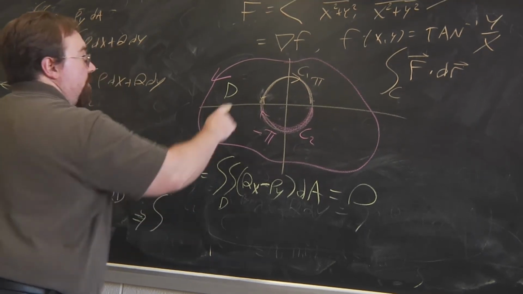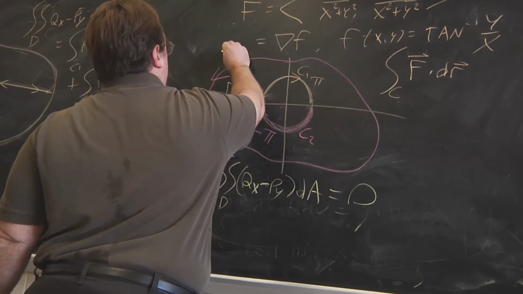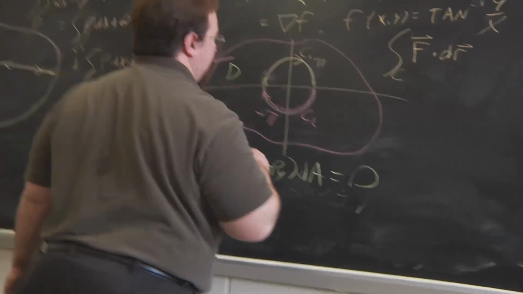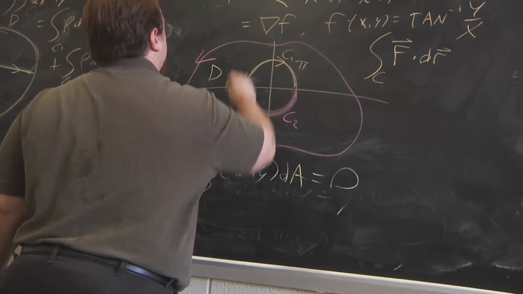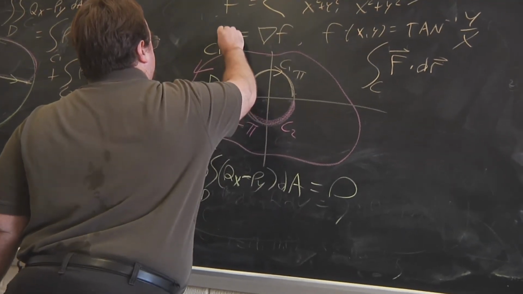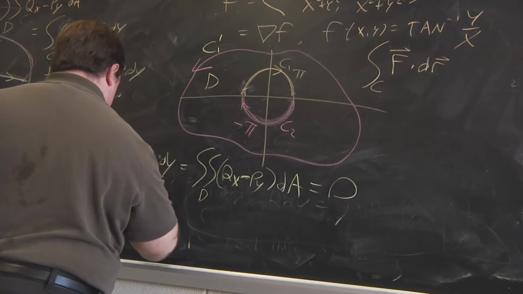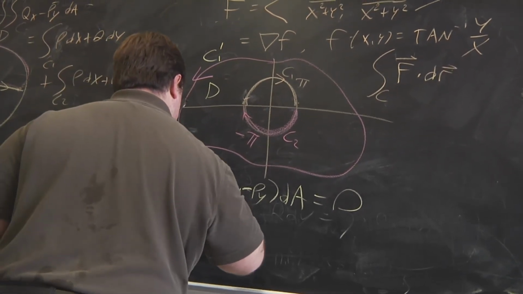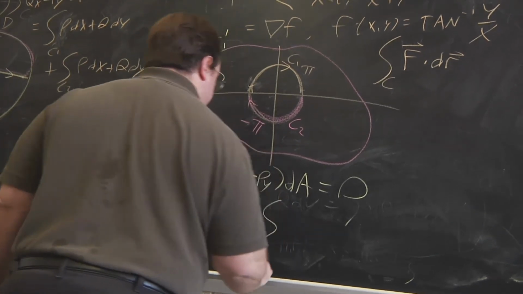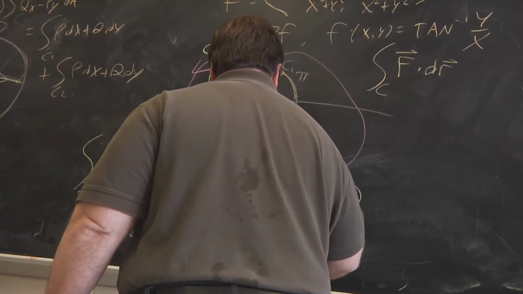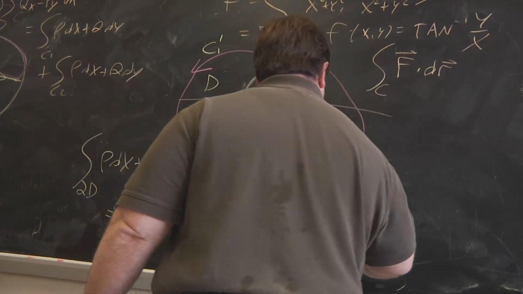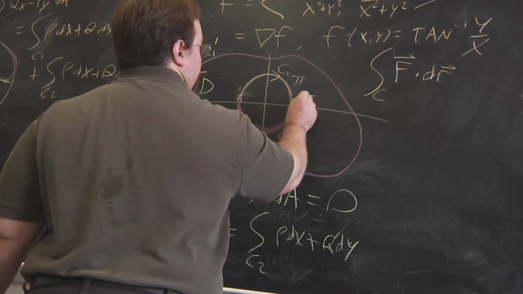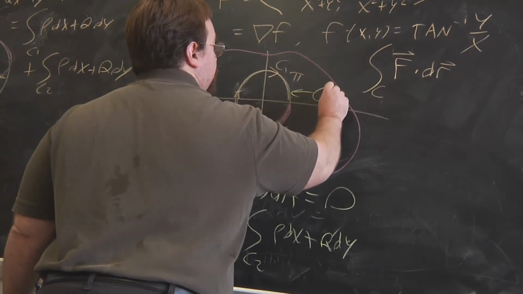The integral over the first curve, which I'll call C1 prime, the outer boundary, is equal to the integral over the entire circle, which I'll call C2 prime.